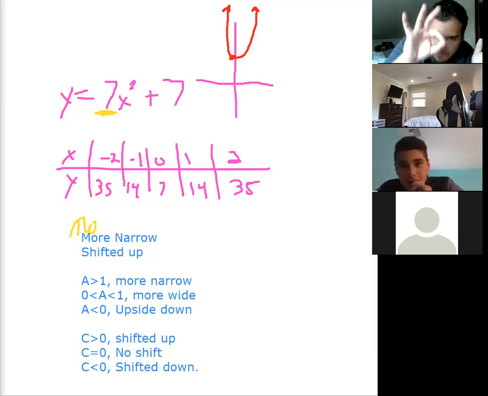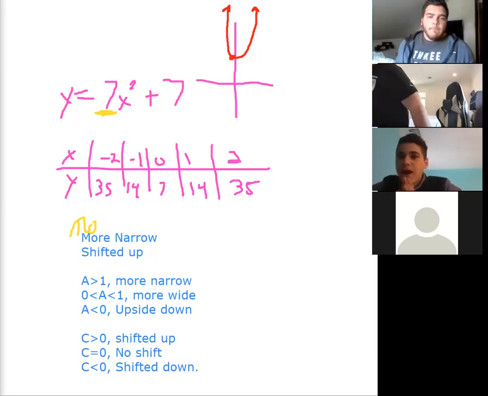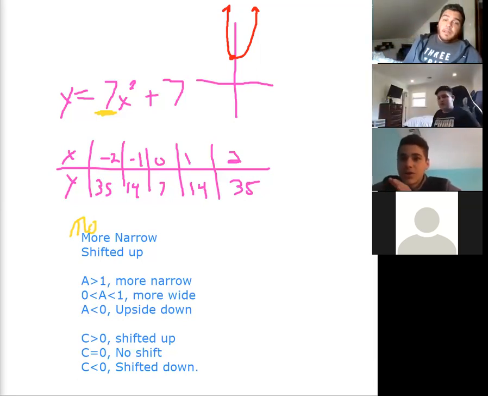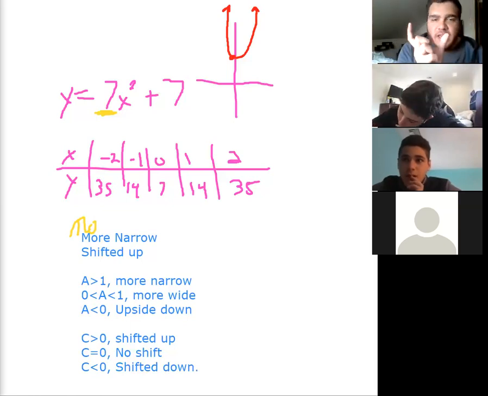Now C: C is plus 5, so is that going to be shifted up, down, or no shift? It's shifted up. There you go. Is it more narrow or more wide? It's negative 1, so it's exactly 1. It hasn't turned any wider or narrower.